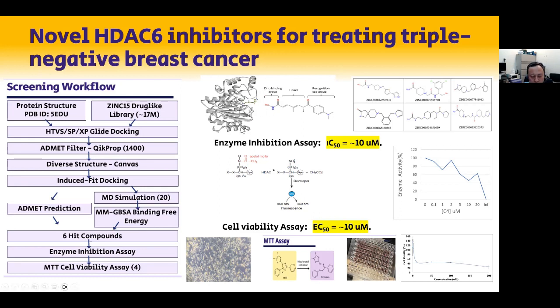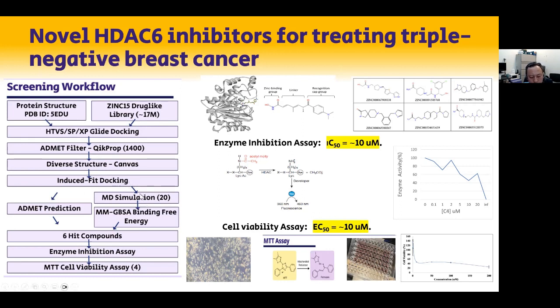Okay, so we have this structure, we have this active site, and we simply dock 70 million compounds to this site and do our virtual screening, the virtual flow which I have explained. But I added one more step, filtering by drug properties, and we do induced fit docking, which is more accurate than rigid body docking.